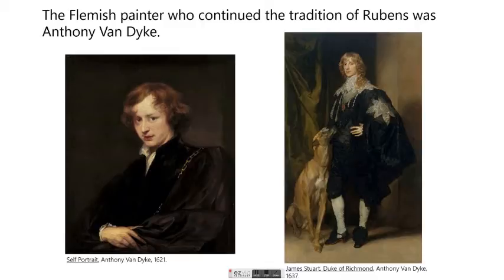One of the things to think about is what happened to the tradition of Rubens, and Rubens did have a number of students who studied with him, but probably the most famous was Anthony van Dyck, who was not significantly much younger than Rubens, just a little bit.